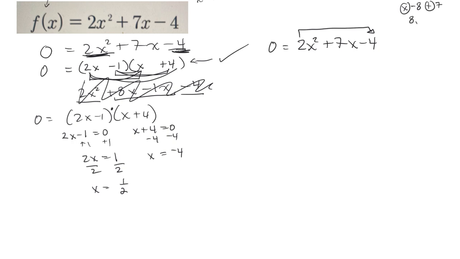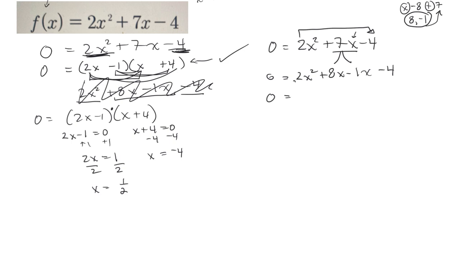If I have 8 and negative 1, those multiply to a negative 8, and they also add to 7. Now, instead of putting it right into brackets, I split this middle term up. So it'll be 2x squared, and then instead of 7x, I use these 2 numbers with that x. So it'll be a plus 8x minus 1x minus 4 equals 0.